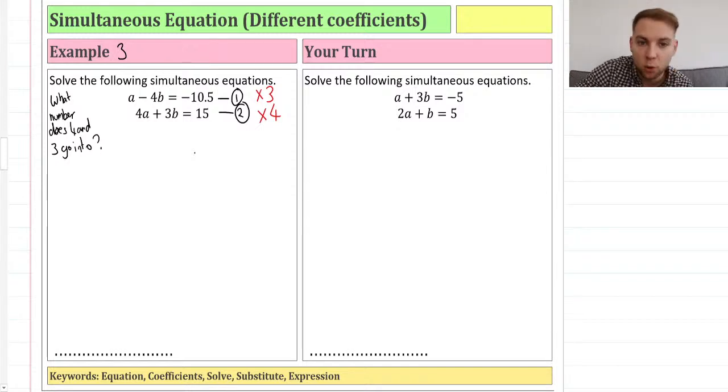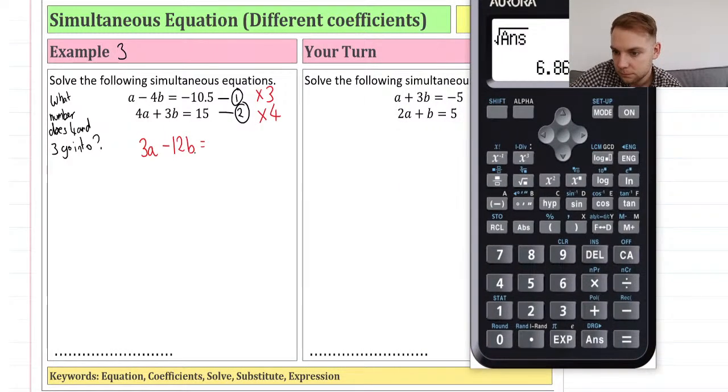So if I times all of this equation by 3, I end up with 3A minus 12B is equal to 10.5 times by 3. I'm going to do that on my calculator. So 10.5 times by 3 is equal to 31.5.